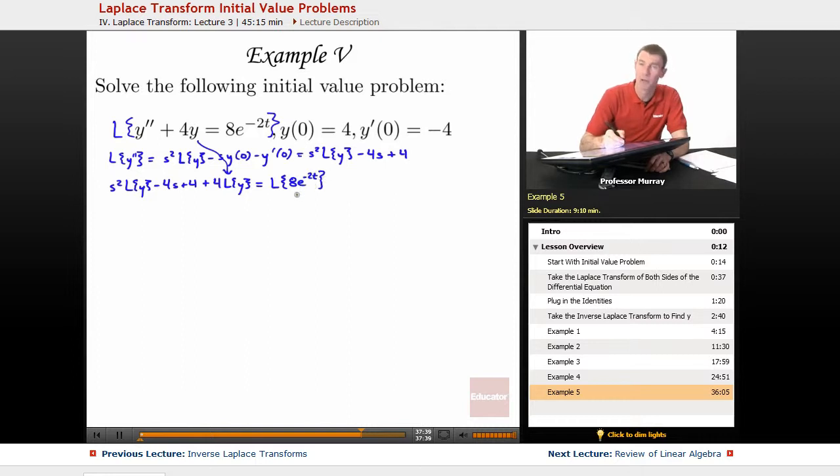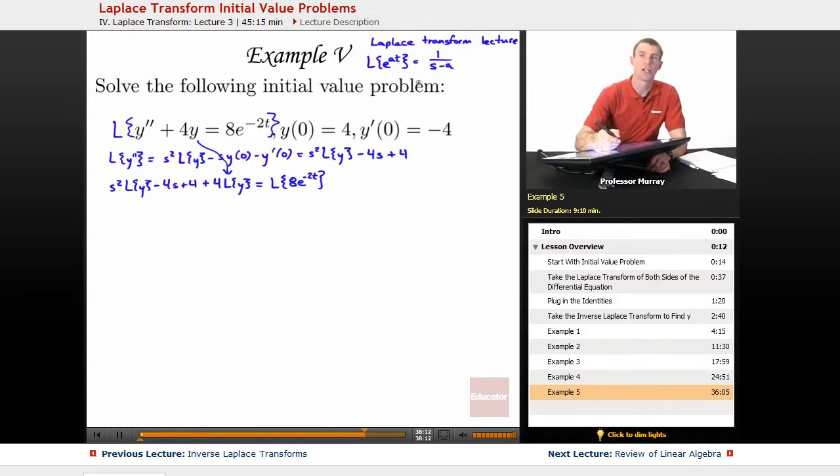And again, let me remind you of the Laplace transforms we did back 2 lectures ago here in the differential equations series. In the Laplace transform lecture, you'll see that in the list of lectures over there, we figured out that the Laplace transform of e to the at is 1 over s minus a.